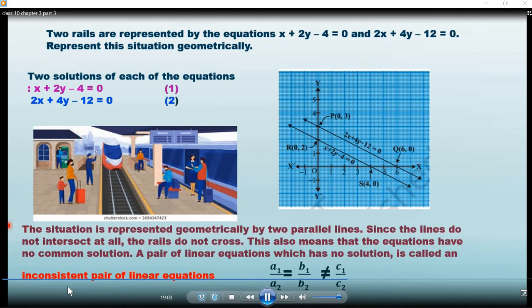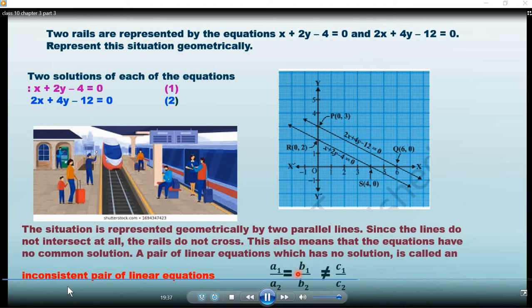Now, here the coefficient of x is a1 in the first equation and a2 in the second equation. Similarly, b1 in the first equation, b2 in the second equation, c1 in the first and c2 in the second. Now, just find the ratios: a1 upon a2 is half, b1 upon b2 is again half, and c1 upon c2 is 1 upon 3.